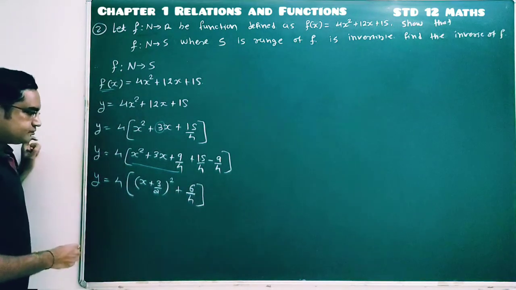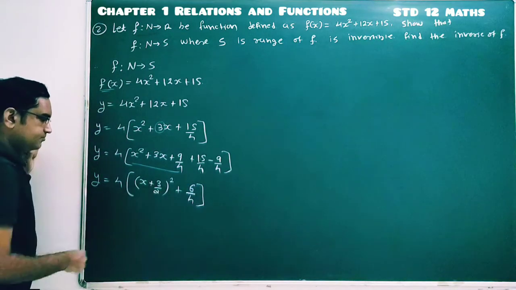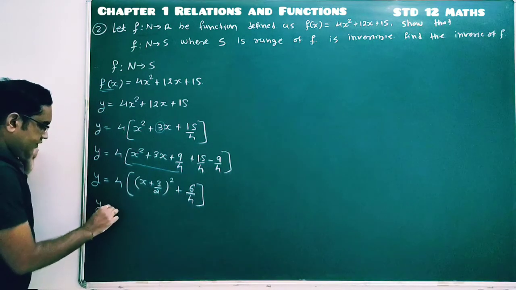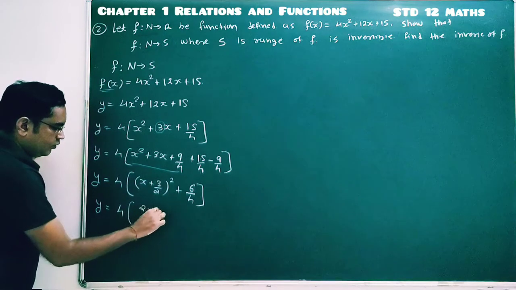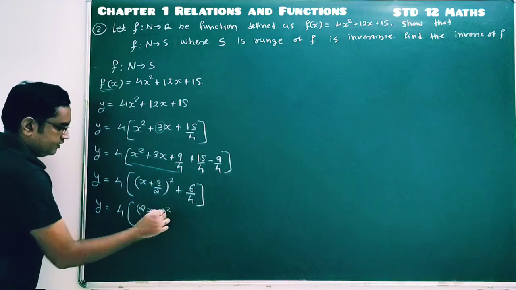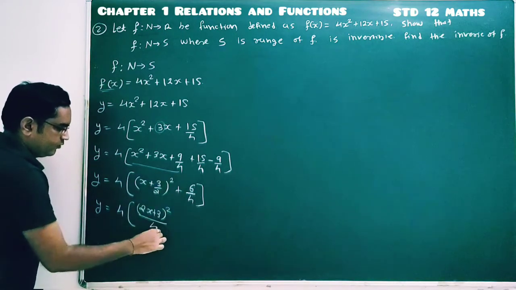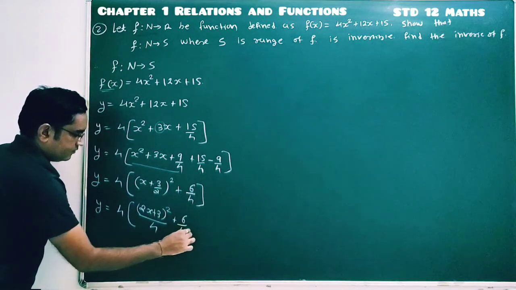Clear, students? So this will be y equal to 4 into 2x plus 3 whole square divided by 2 square, which is 4, plus 6 by 4.